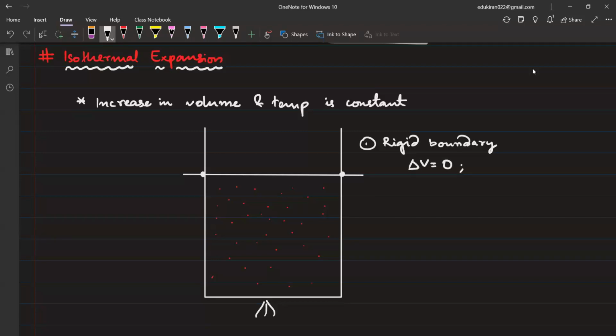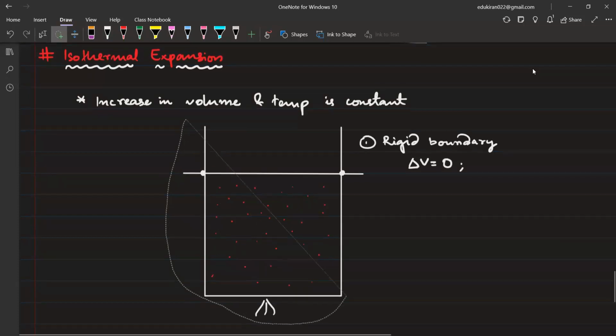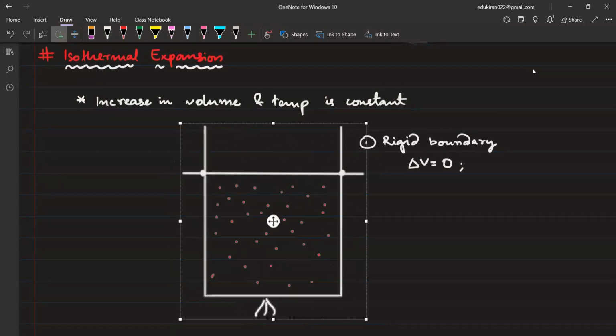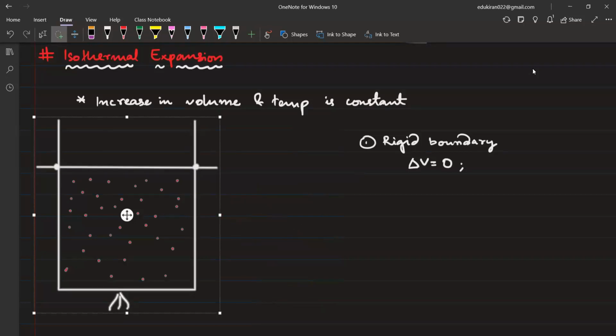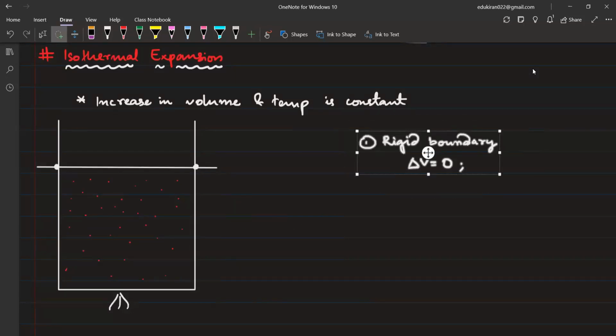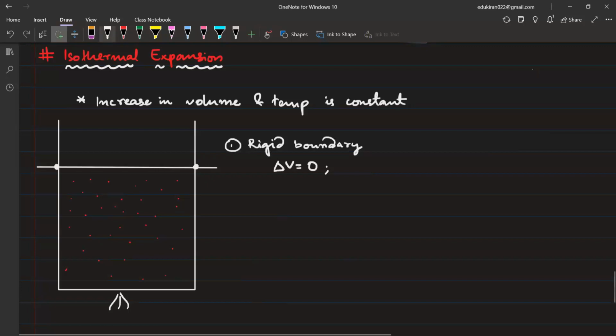We are giving energy to the system and observing the change. When the boundary is rigid, there will be no change in volume and all the energy that you are giving will be used to increase the temperature. Is this clear? Yes or no? Please tell me.